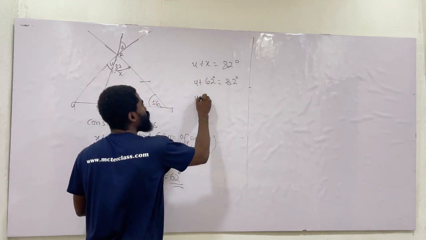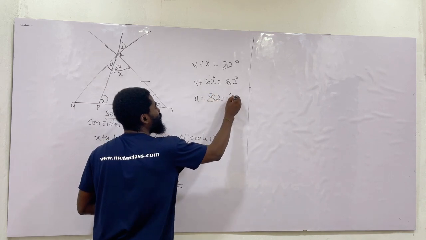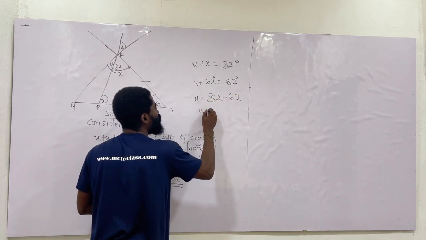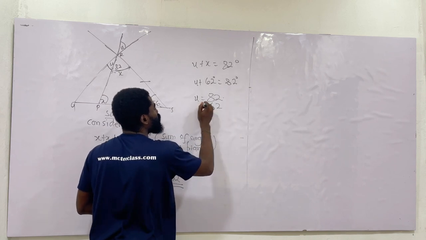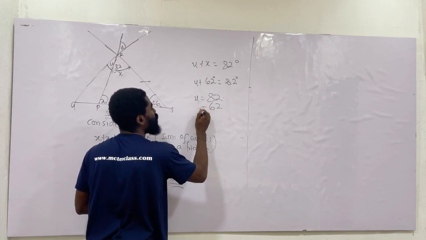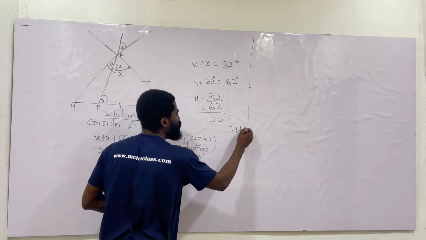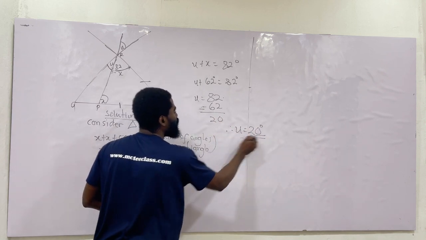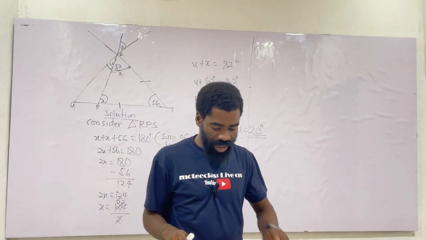So U should be equal to 82 minus 62. Let me subtract this: this will give me 0, that's 2. So therefore, angle U equals 20 degrees. I hope you understand what I'm doing here. Very, very important. You need to understand this.